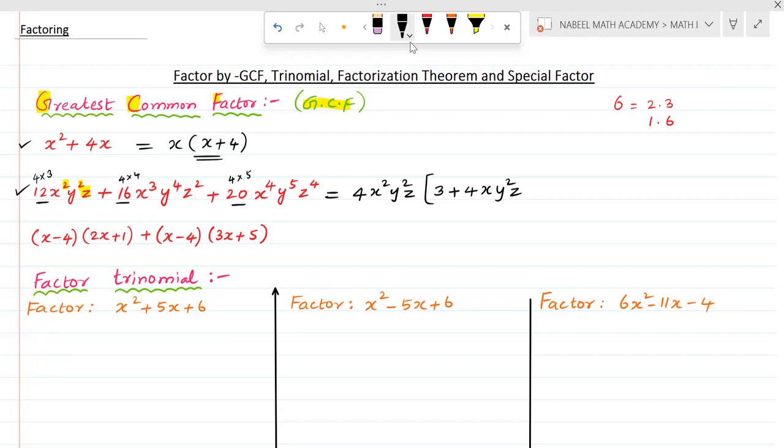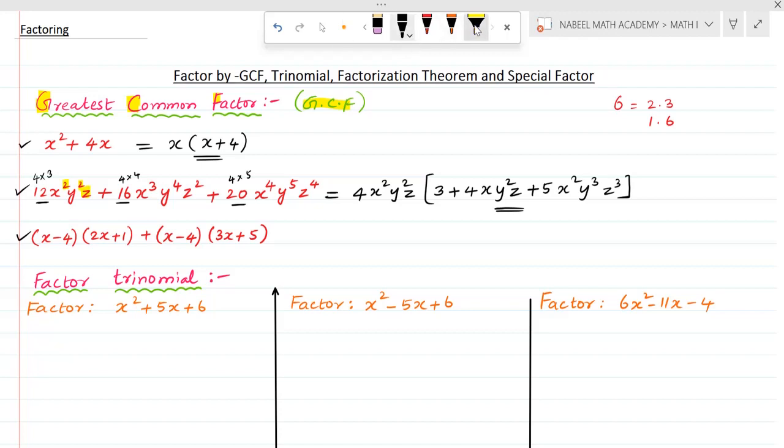The next one here, 4 outside, remaining 5. And then x power 5, x square outside, remaining x power 3. y power 3 is common. Now z power 4, z is common, so z power 3 is remaining. So this is the GCF of this term.